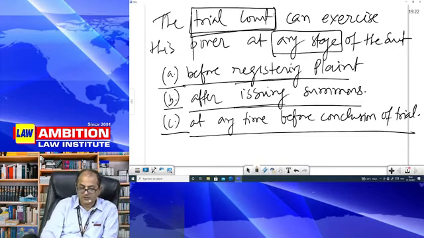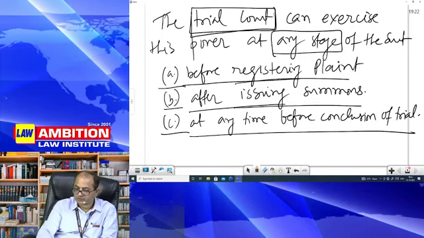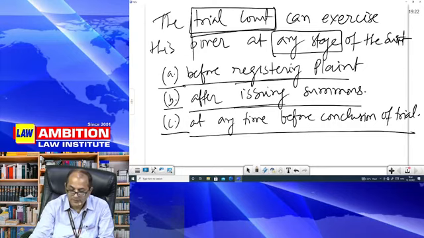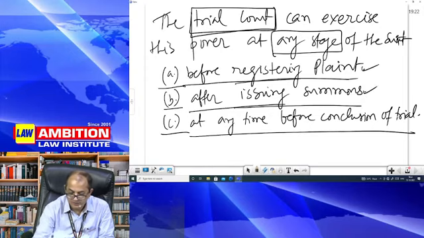The trial court can exercise this power at any stage of the suit: before registering plaint, after issuing summons, and at any time before conclusion of trial.